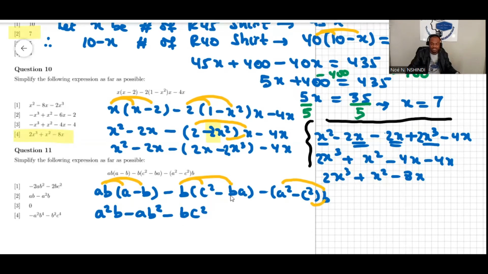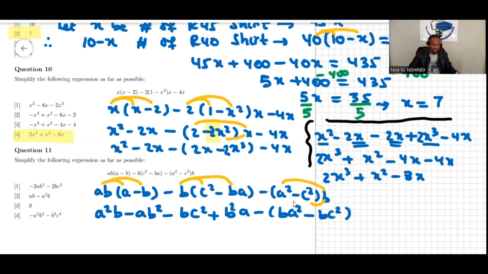Negative B times negative BA, negative and negative make positive, so this will become positive B squared A. And then over here, B times A squared is BA squared. Let's keep it negative like this. That makes BA squared. And then minus B times C squared makes negative BC squared.